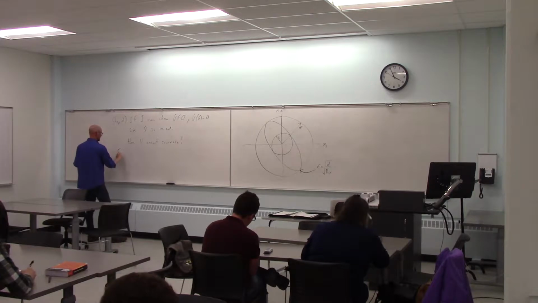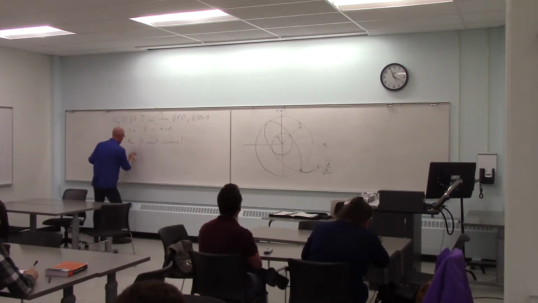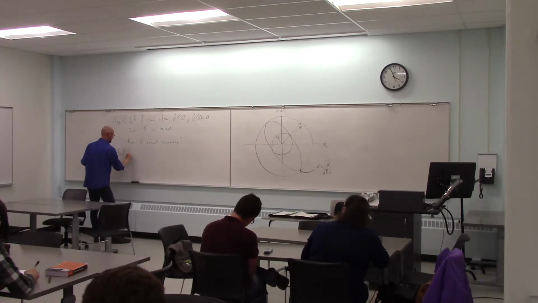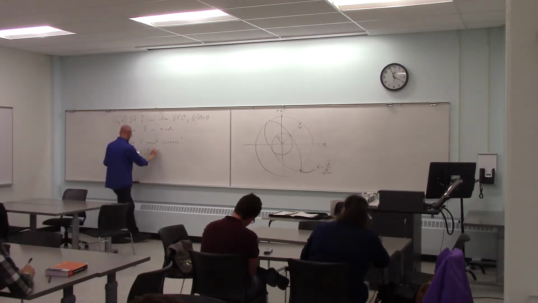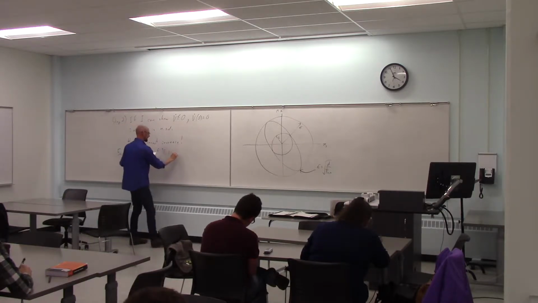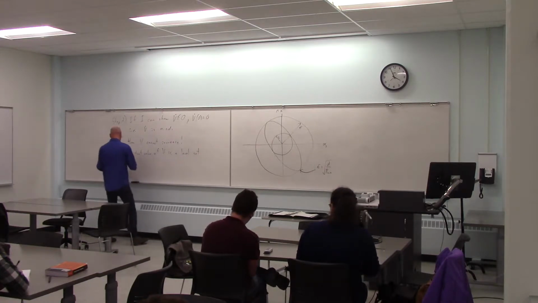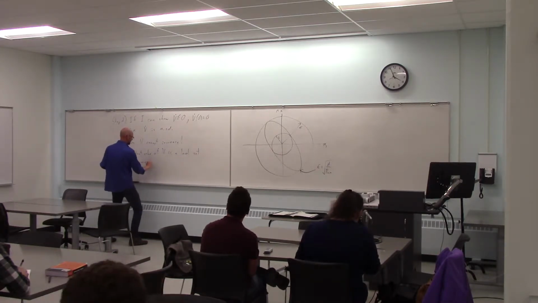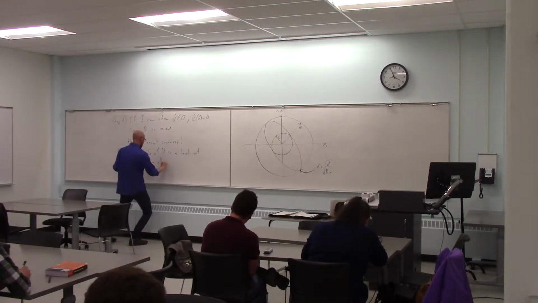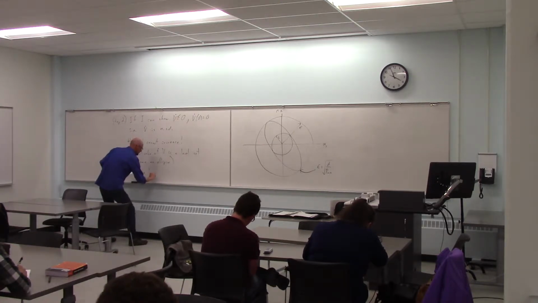And each constant value of v is a level set. In our case, an ellipse called a Lyapunov surface.